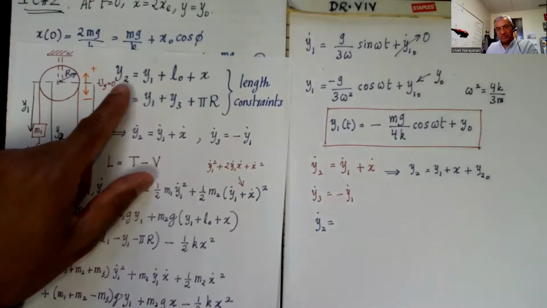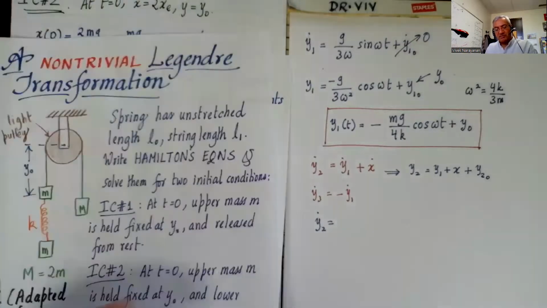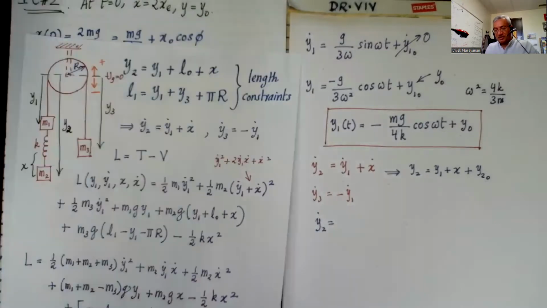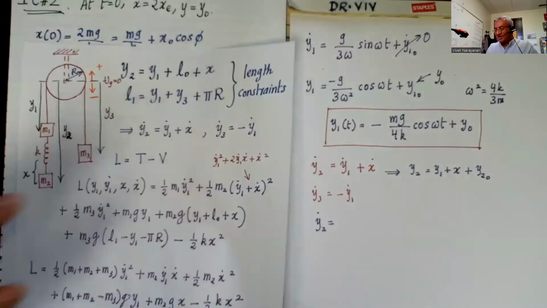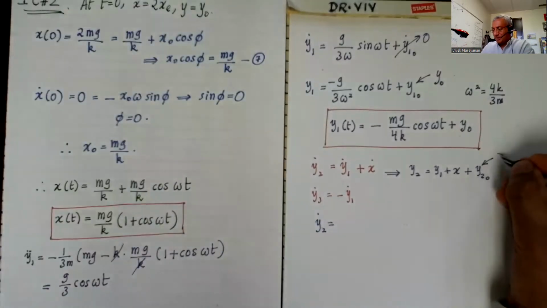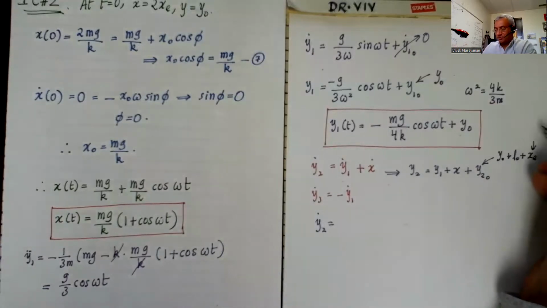Initial length of y2 is y1 0, which is just y naught, because y1 0 is actually y naught. Okay, so the initial length is y naught plus L naught plus x sub e, which is mg over k.